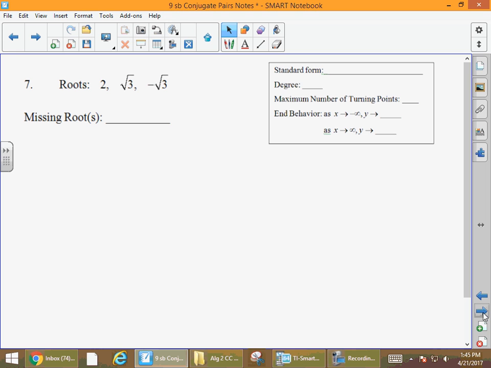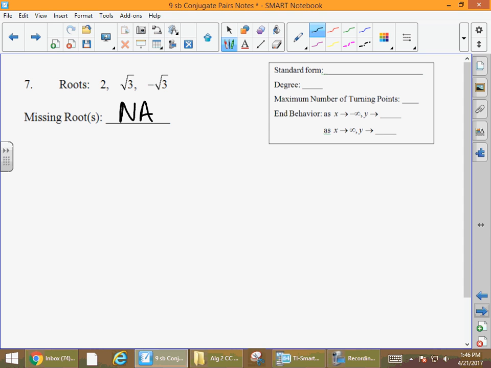First question. What are our missing roots, if any? We don't have any missing roots on this one. We don't have any i's in there. And then we've got our radical 3's.